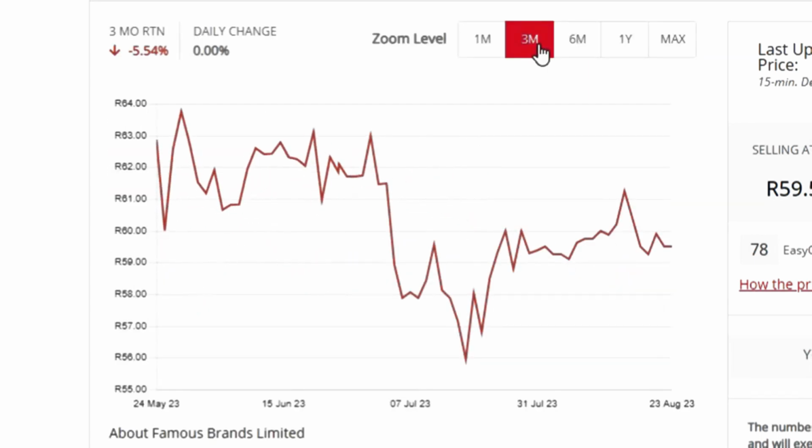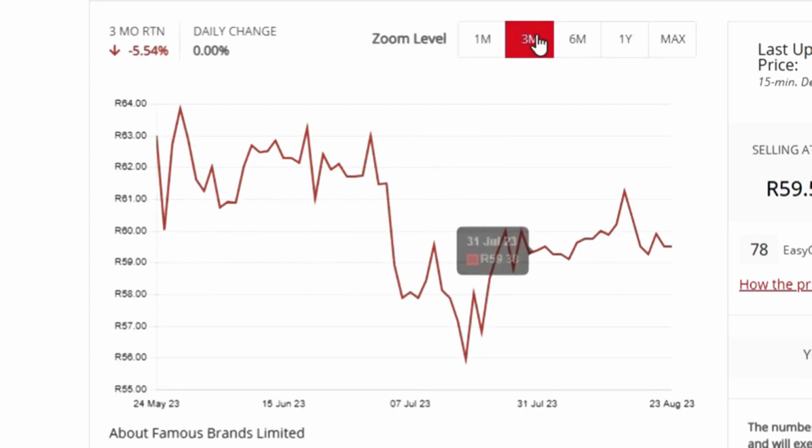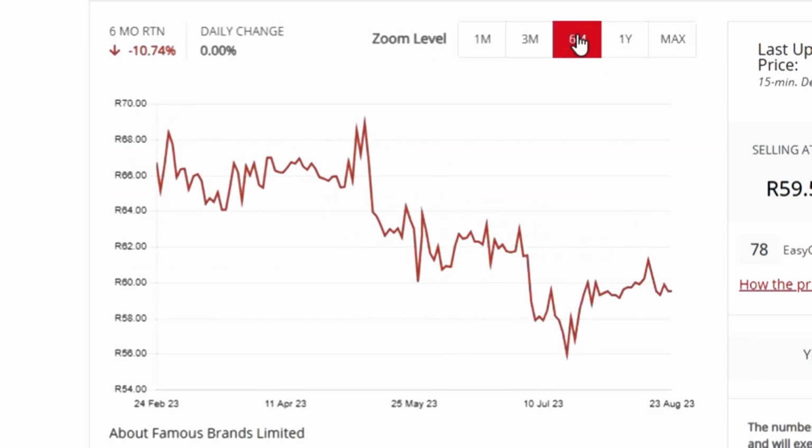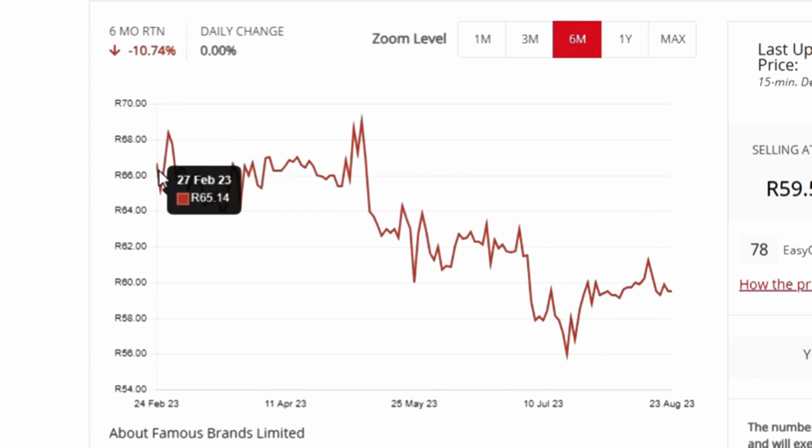The 3 months, you should also check it. Okay, I see. If the line is red, it doesn't mean the company is performing badly. No, it does not work like that. And yes, the red line can also indicate that you should be careful, something is not going well.